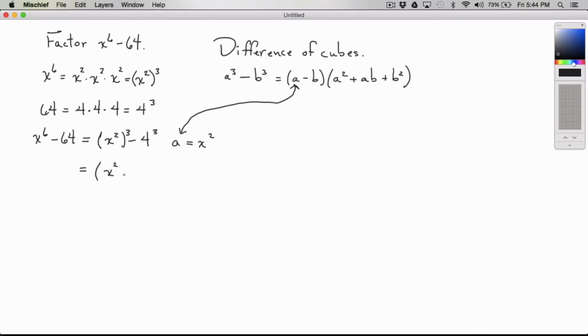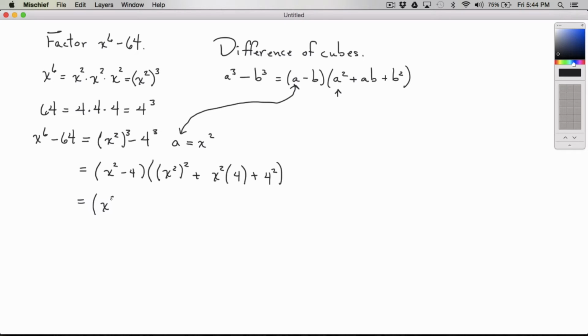So when I follow my pattern, I have x squared minus 4 times x squared squared, because that's what it tells me to do right here, plus x squared times 4, always positive, plus 4 squared. Let's simplify what we have so far.